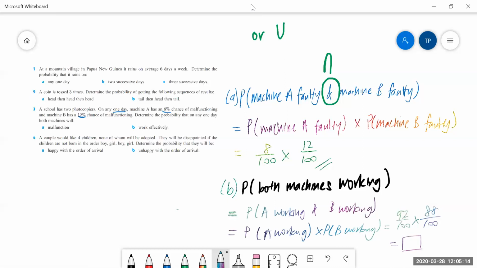There is one thing here that I need to mention. Let me ask you a question. Since part A is about machine A faulty and machine B faulty, can I use the total probability, which is 1, minus part A, minus both machines faulty, to get this?